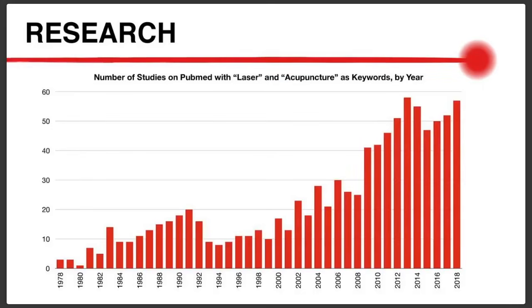And then look what it's done ever since. There are lots and lots of studies being published in the medical literature about laser acupuncture. So you can see why this is gaining so much popularity, and frankly, why so many of you are on the webinar today. This has been one of our best signed up webinars that we've ever put on, and I think I know why.